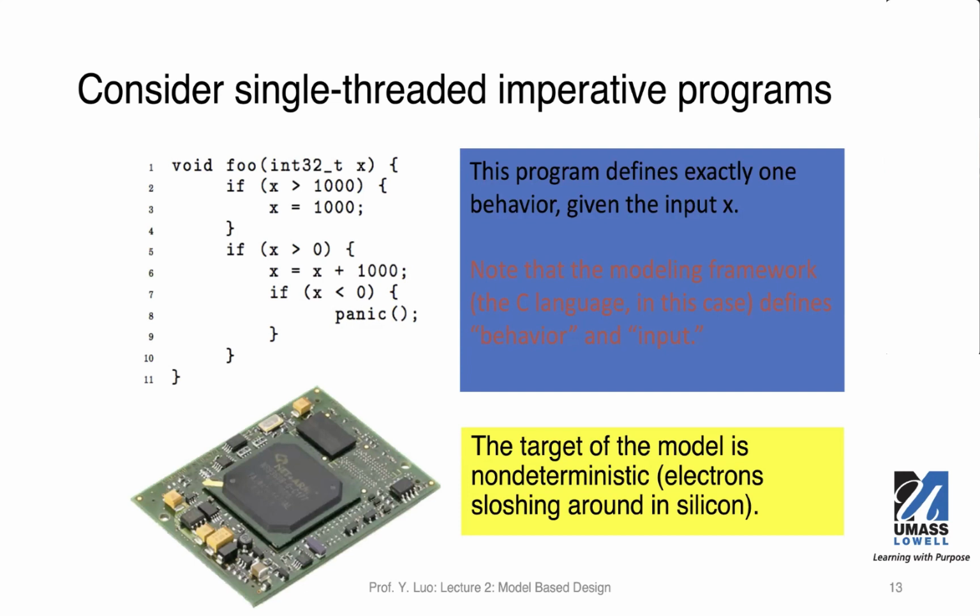When we have this deterministic, single-threaded program, the target of the model is actually non-deterministic. How do we understand that? In the physical process, when you apply current to this computer board with this processor, the electrons running through the silicon behave non-deterministically. That is at the very lowest level of the hardware that we are observing here.